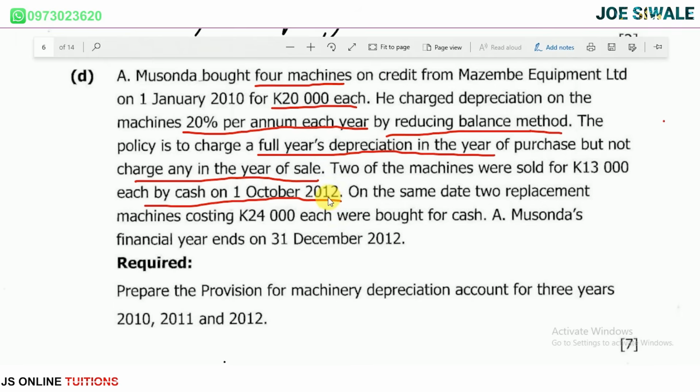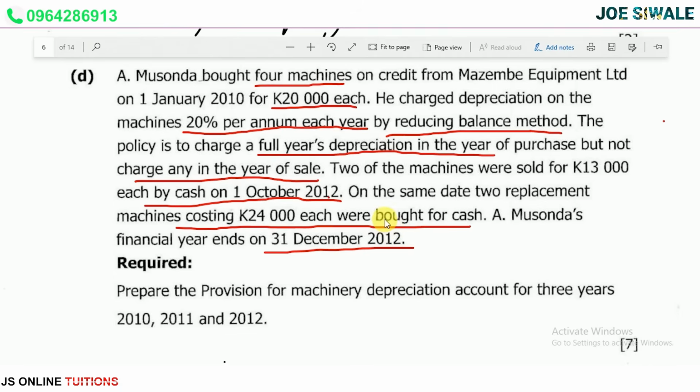The question proceeds, on the same date, 2 replacement machines costing 24,000 kwacha each were bought for cash. A. Musonda's financial year ends on 31st December 2012.